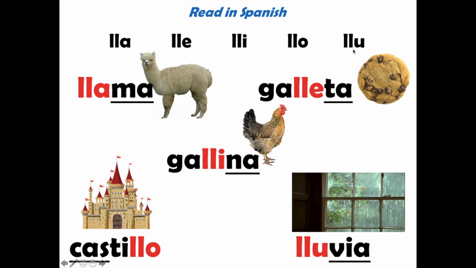So in case you thought we didn't have that J sound, we do have it, but it's going to be with double L all the time. Okay, so ja, je, ji, jo, ju. Llama, galleta, gallina, castillo, lluvia.